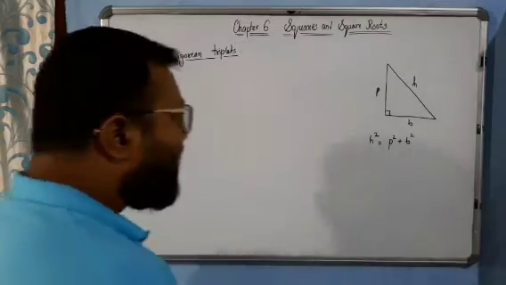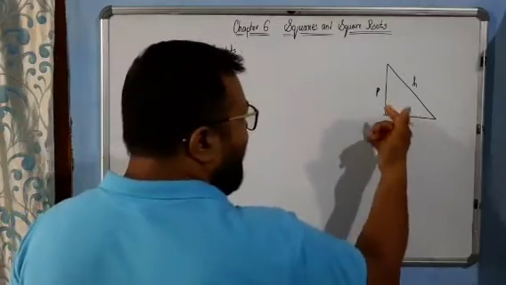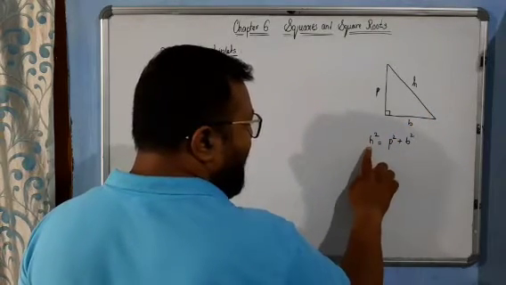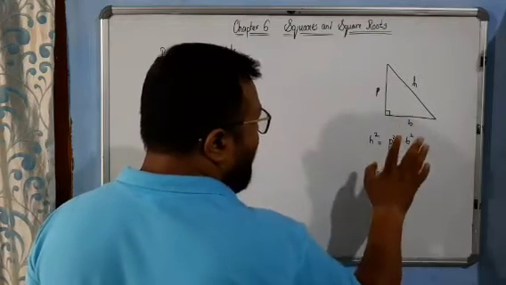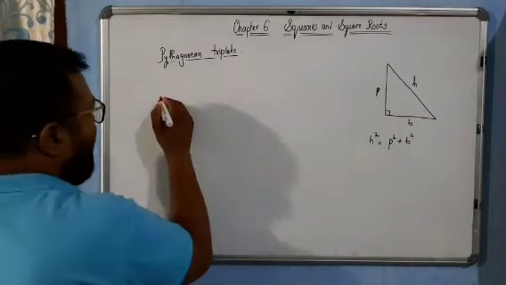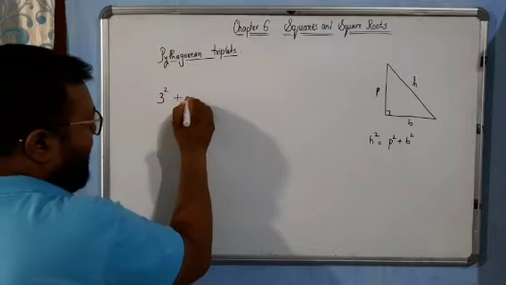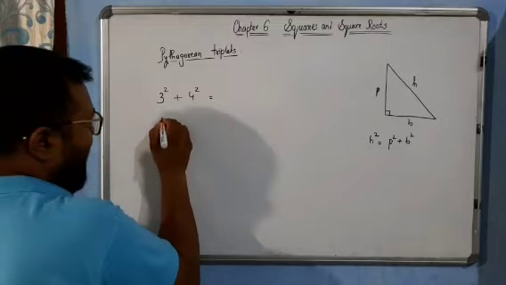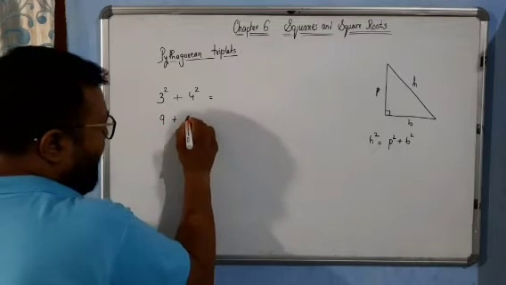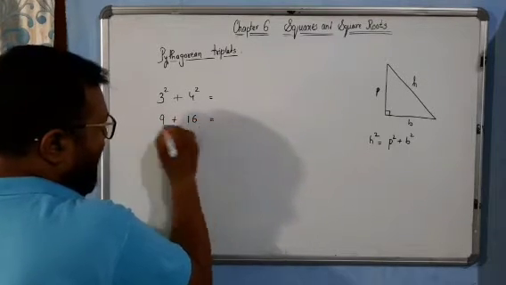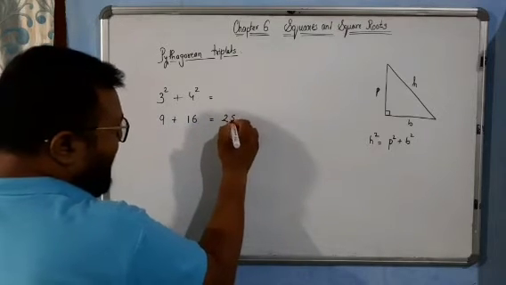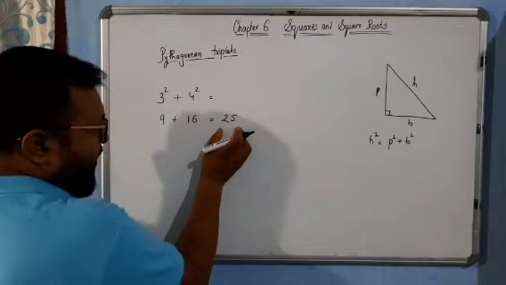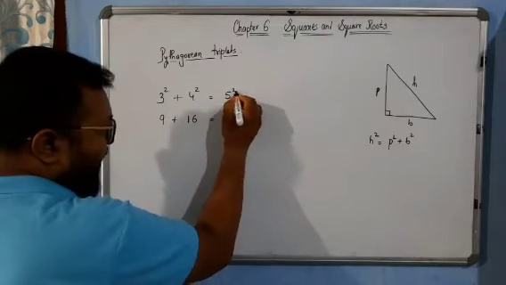Very simple. So if we take the letters H, P, B, and they form a Pythagorean triplet, then the relation will be H square equal to P square plus B square. So let's take an example. Suppose 3 square plus 4 square equal to how much? Let's see. 3 square gives you 9, 4 square gives you 16, 9 plus 16 gives you 25, and we know that 25 is a perfect square number, and it is 5 square.